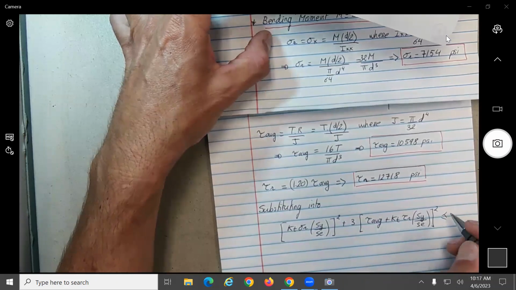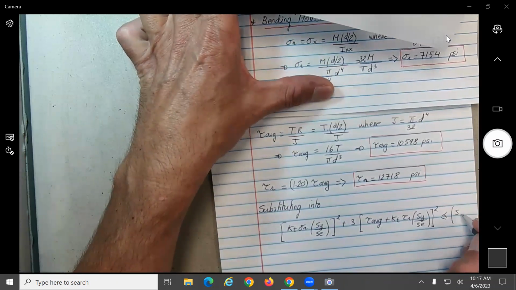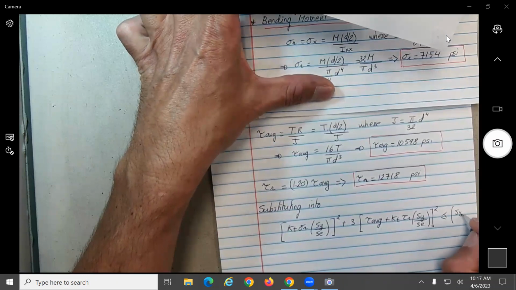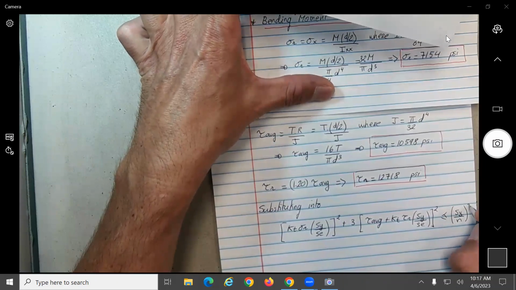Everything squared needs to be equal to S sub Y over N squared.